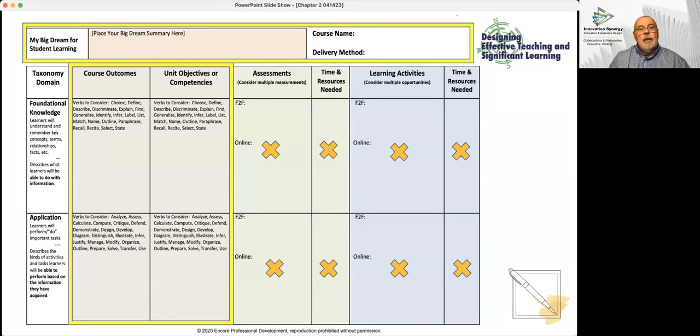Most of you probably have outcomes that are set up for the cognitive, foundational knowledge, application, integration, that probably exist already for you. You're well familiar with those. The ones you don't have are going to be the affective sides, where you want to see students perform and get the richness of what their experience in your course is all about.